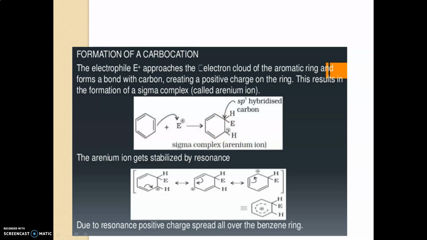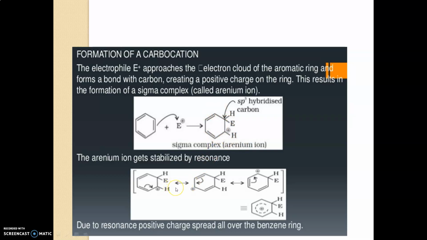So the carbon donates its electrons towards the electrophile and gets the positive charge. Here is the formation of the carbocation, and this compound is known as the arenium ion. A compound having any charge is known as an ion. The carbocation formed is called the arenium ion because it is an arene.